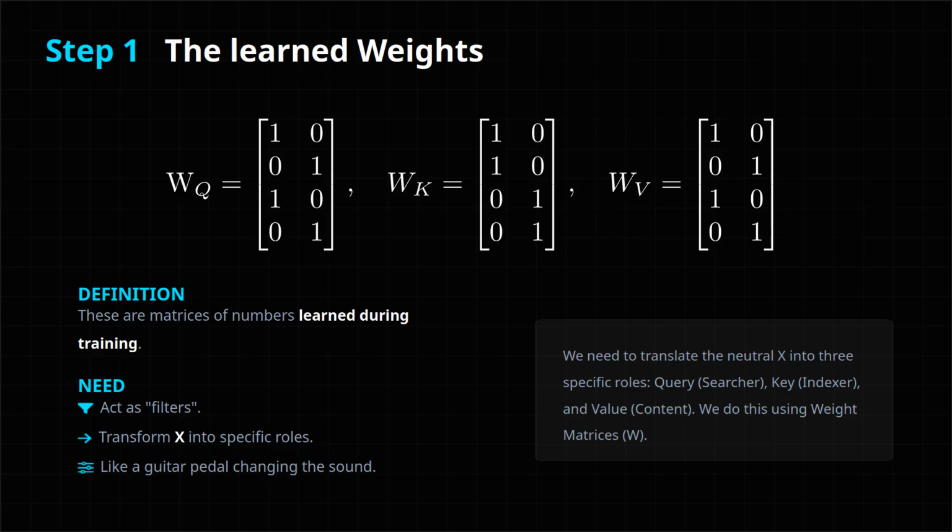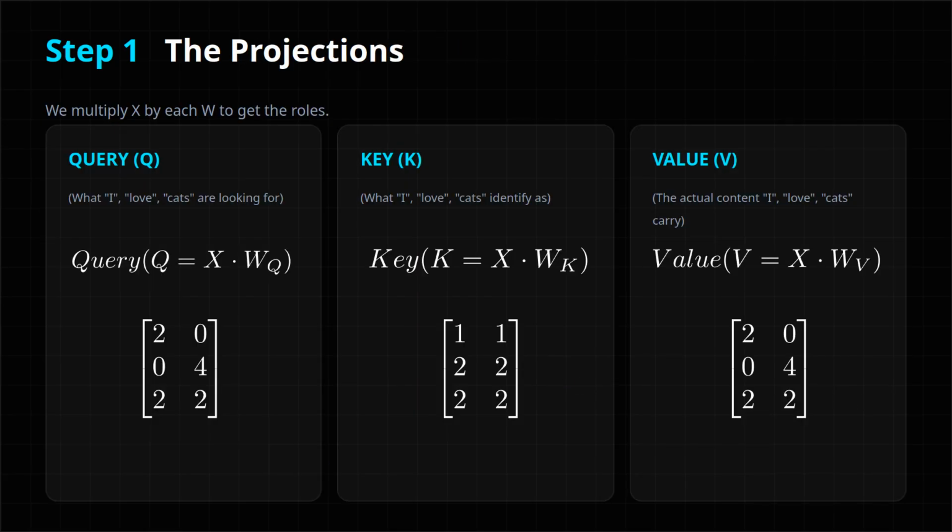and in your head. We now multiply the embedding matrix X by each of those three weight matrices. When we multiply X by the query weights, we get the query matrix, often called Q. Each row in Q belongs to one word and tells us what that word is looking for. Multiplying X by the key weights gives us the key matrix, K. Each row in K tells us how that word presents itself to others, almost like a name tag.